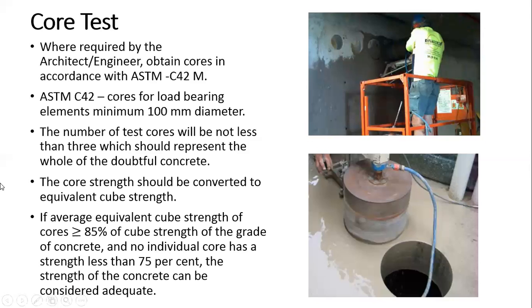Number one is that the average equivalent cube strength should be greater than or equal to 85% of the cube strength. So you have to convert the cylinder strength to the cube strength, and if this is more than 85% of the cube strength, then it is okay. And the second criterion is that no individual core should have a strength less than 75%.